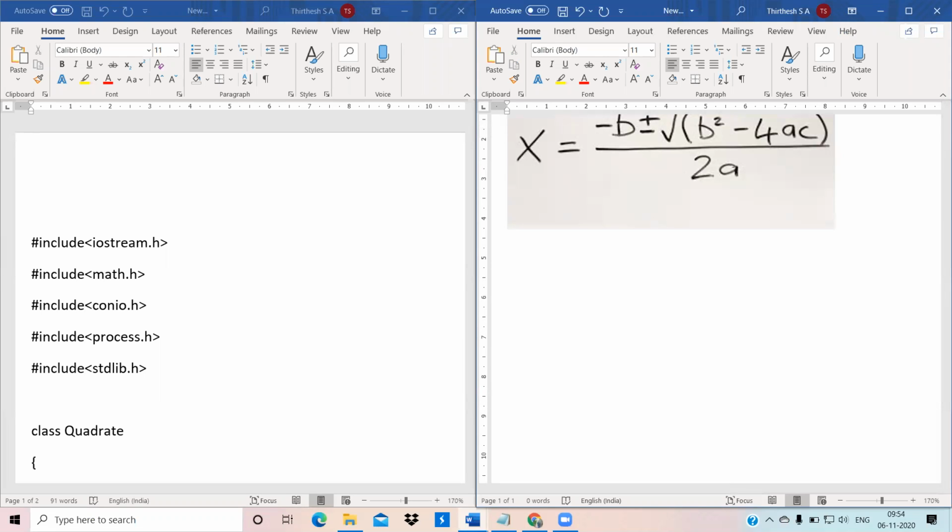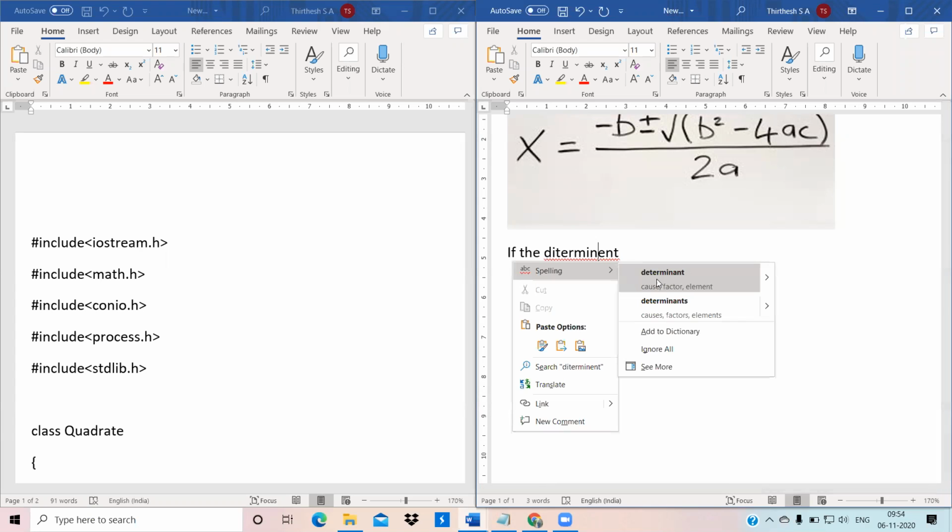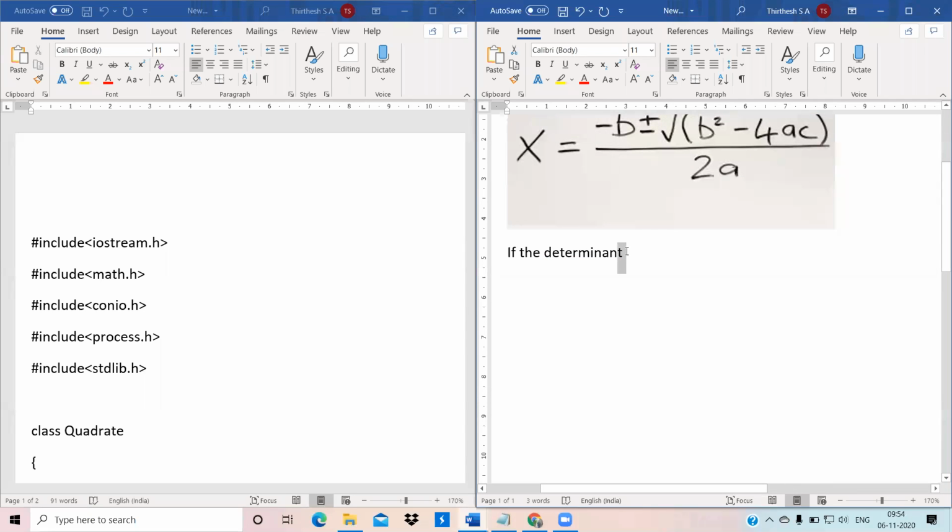So the following condition here is, if the determinant is equal to 0, then you are going to say that the roots are equal.